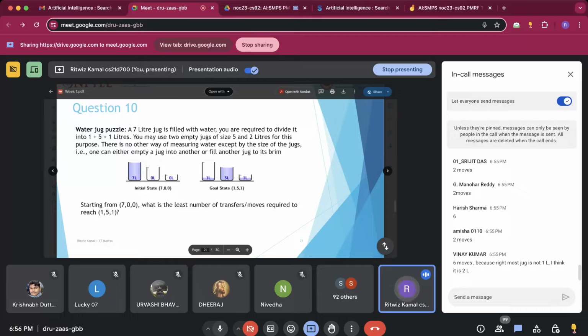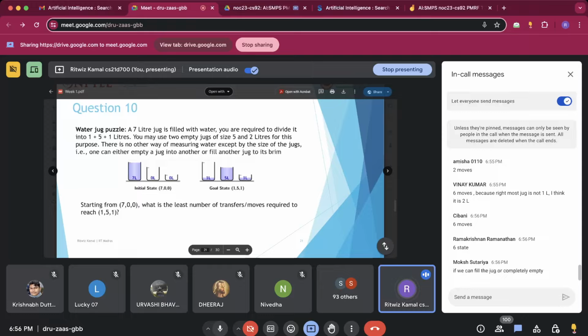For example, you can keep pouring water from the 7 liter jug to the middle jug, which is 5 liters in capacity, until it is completely filled up. In that case, the middle jug will be filled with 5 liters of water, and there will be 2 liters left in the leftmost jug. That is a valid action. Yes, the rightmost jug is 2 liters, not 1 liter.